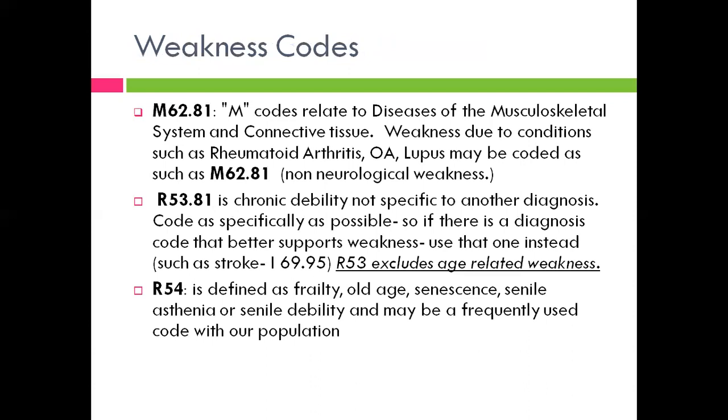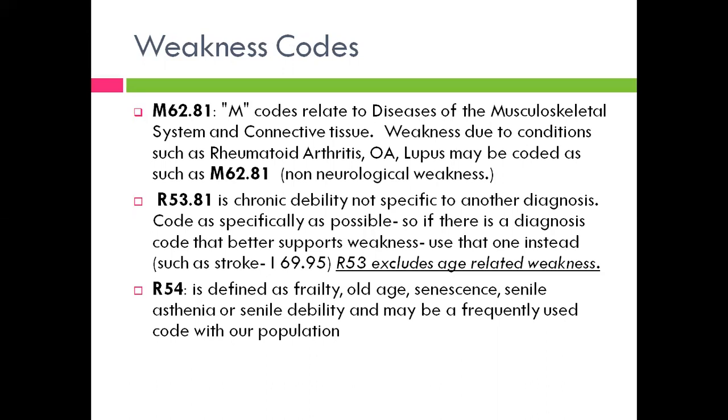We're going to talk about the weakness codes for a moment. So M62.81, M codes relate to diseases of the musculoskeletal system and connective tissues. They also relate to the weaknesses of conditions such as rheumatoid arthritis, osteoarthritis. Those non-neurological weaknesses are the M62.81 codes. R53.81 is a chronic debility code. We're not typically going to use this if there's something better to choose from.